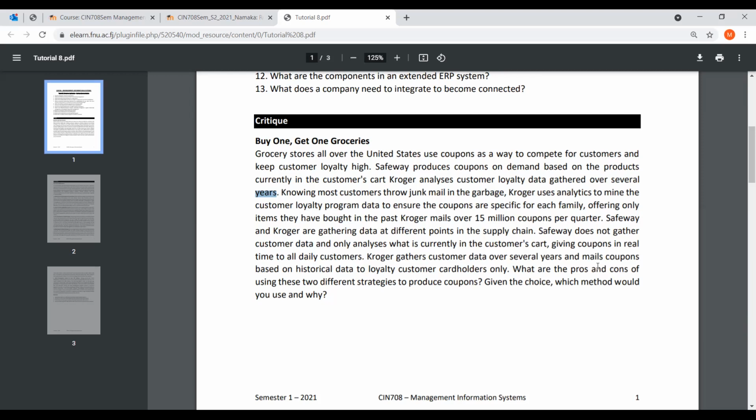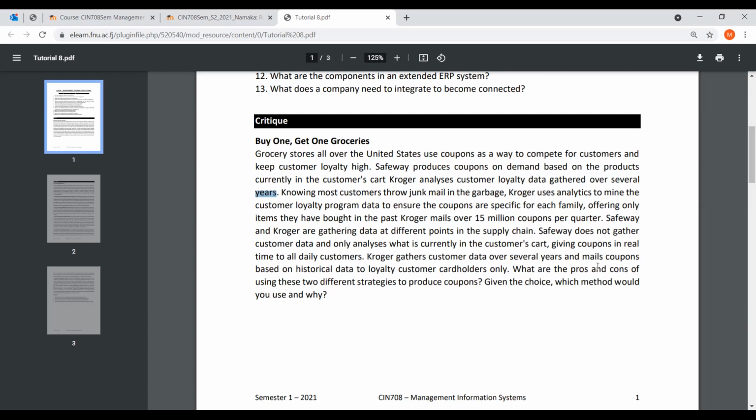Why with Kroger? Because with that, I have a good record of historical data. With the record of historical data, I can always go and forecast. I can go and evaluate. I can go and make future decisions as to which type of customers to target. Also, with the future data, I can adapt to a model that even Safeway is adapting to.